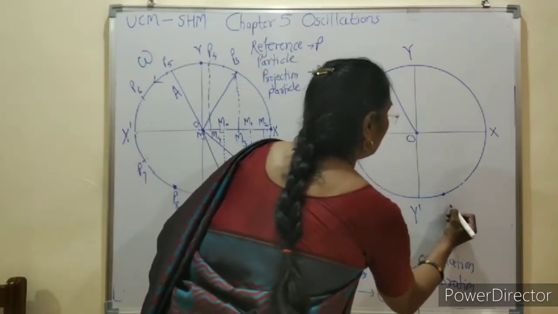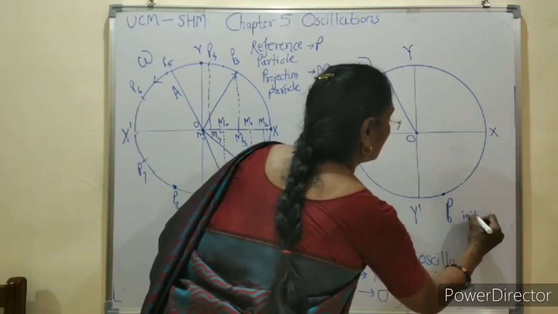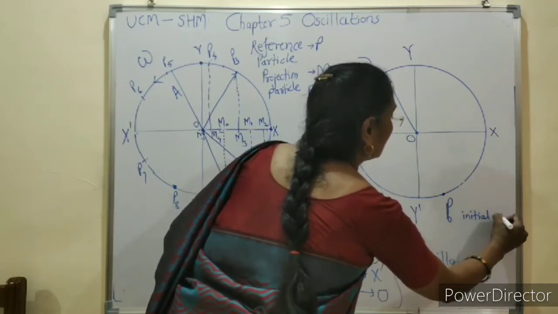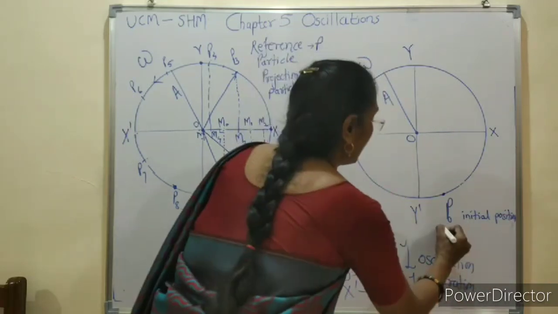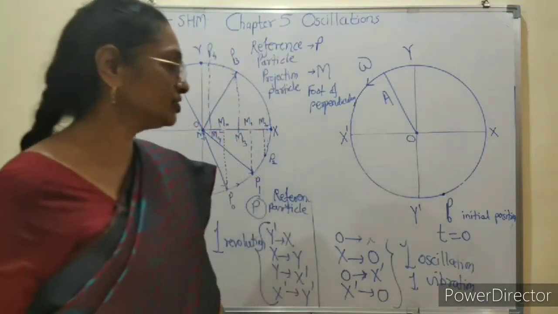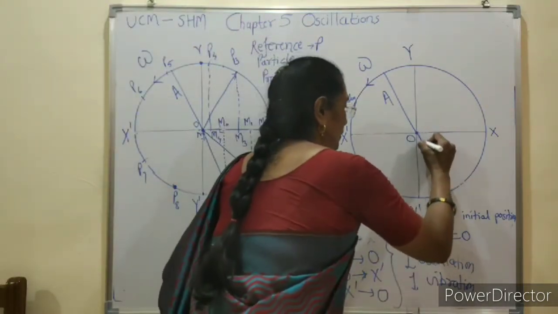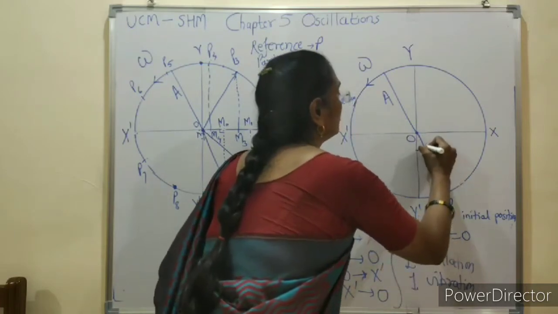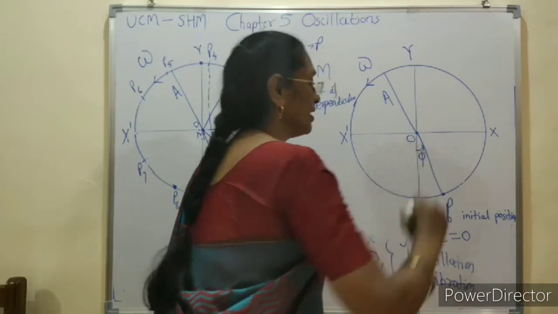If P0 is the initial position that we have observed at time 0, means at the start the position is P0 and the angular displacement is denoted by phi.